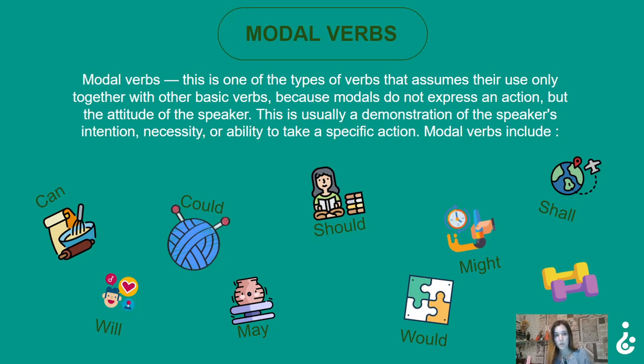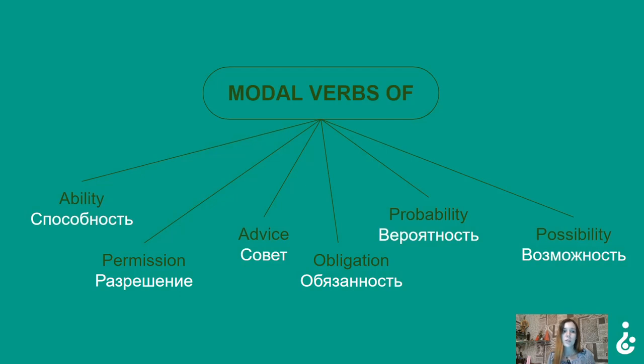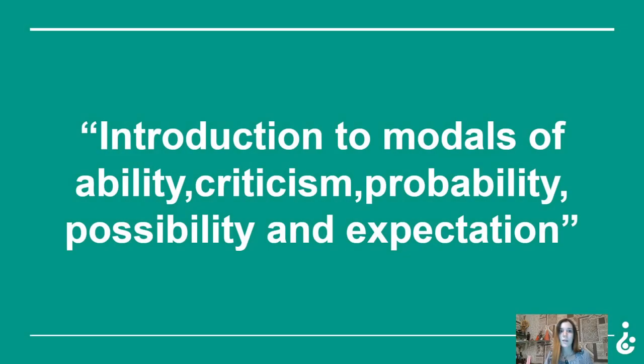Modal verbs include can, will, could, may, should, would, might, shall, must. Modal verbs of ability, permission, advice, obligation, probability, possibility. Introduction to modals of ability, criticism, probability, possibility, and expectation.